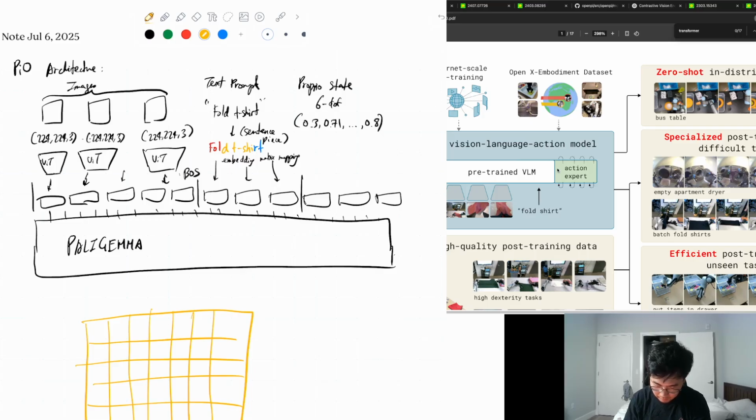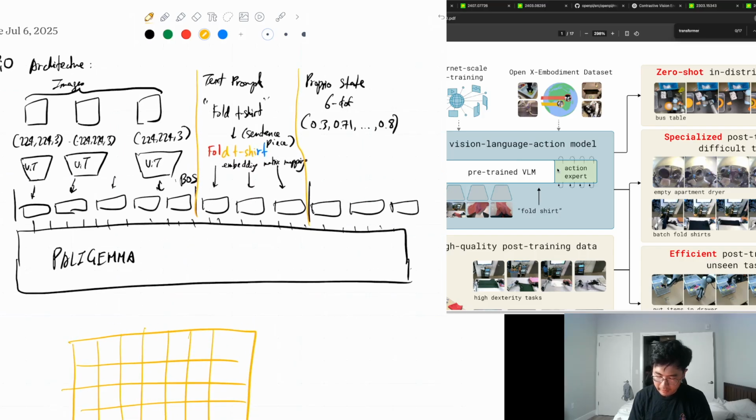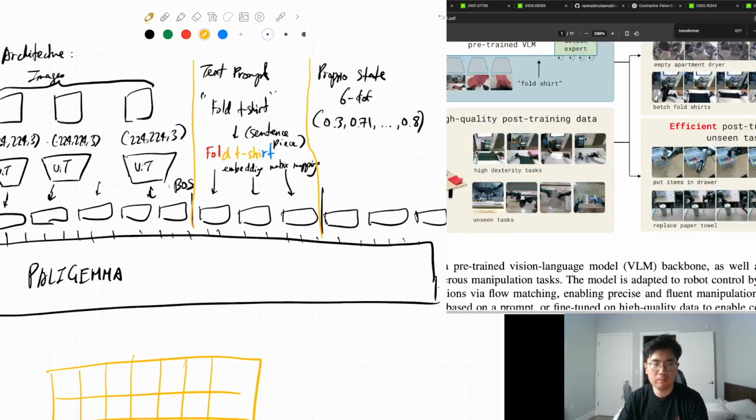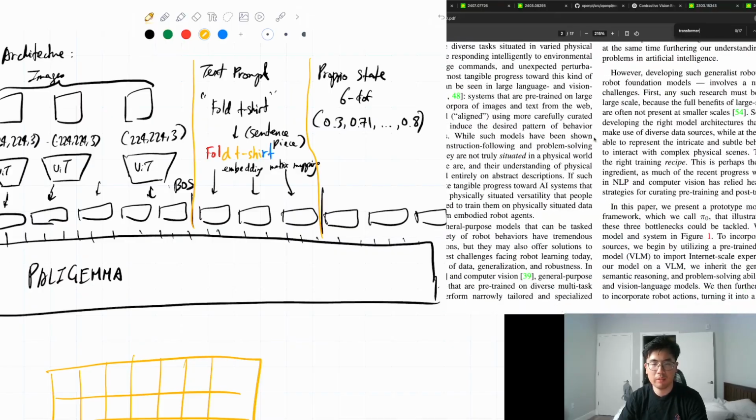I can use a better color to separate them. Each of these, so image and text, this is just Pi0. But now we add in this proprio state, and these probably, I assume, are going to be mapped linearly or in some way.